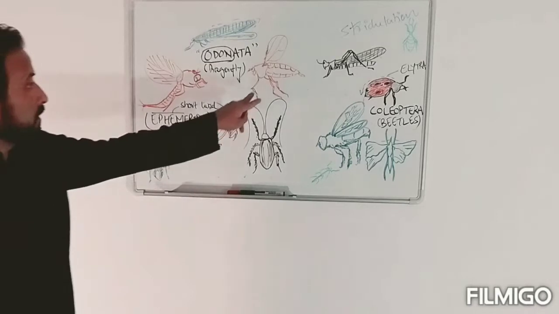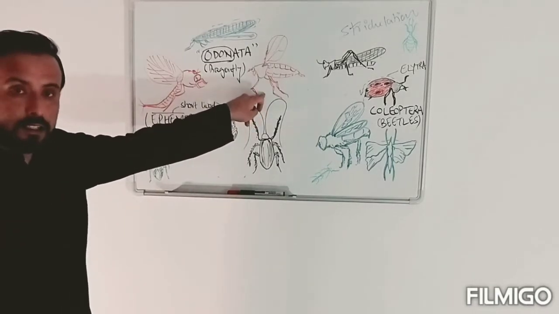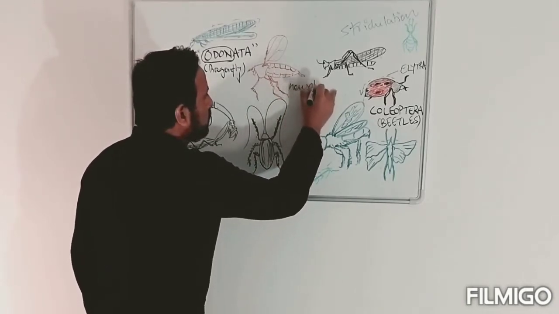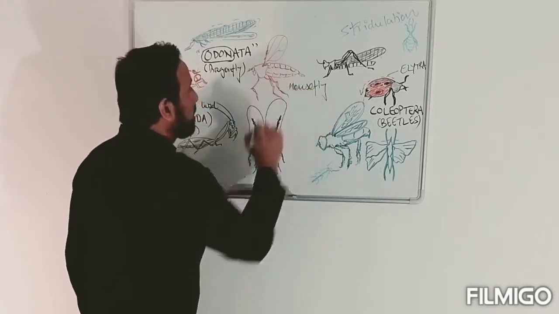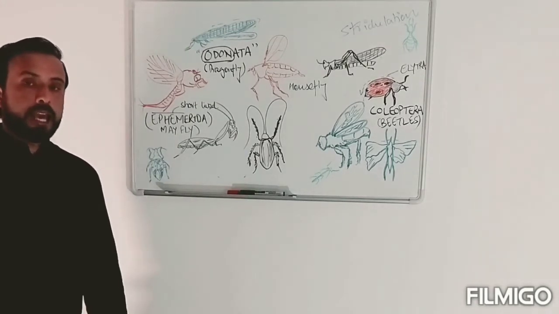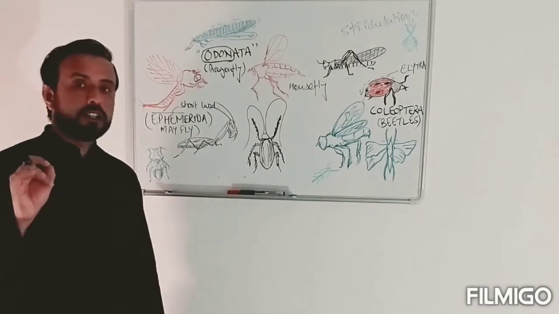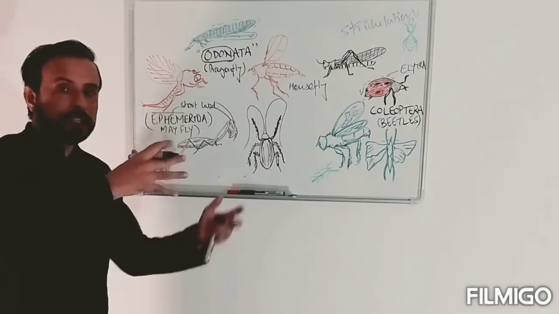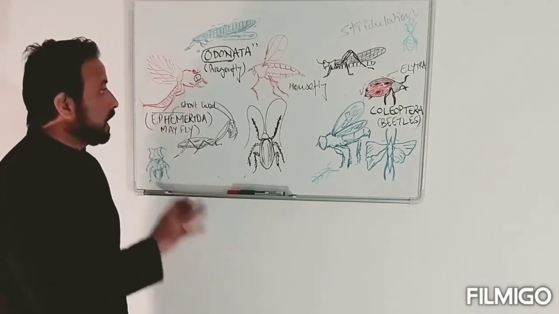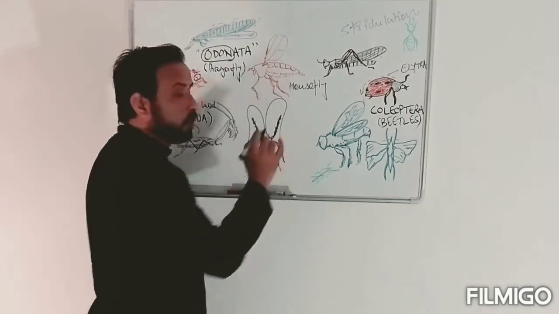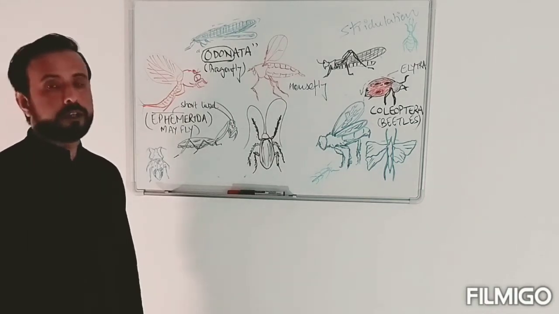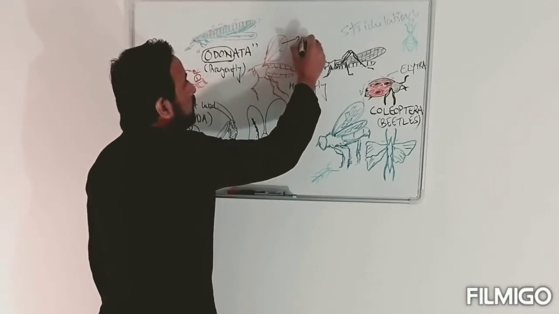Then coming to this one, right? This is a housefly. Housefly we all know, right? In the previous lecture I told you that housefly has certain features which do not belong to the overall criteria of insects. As I told you, insects have 2 pairs of wings, that is 4 wings, but the housefly, the mosquitoes and houseflies, only have 1 pair of wings, that is 2 wings only.